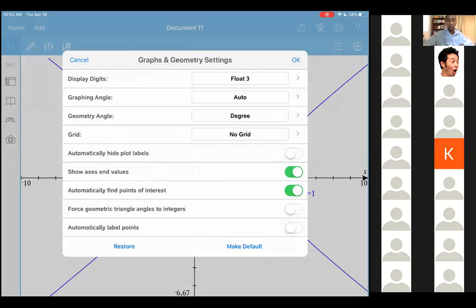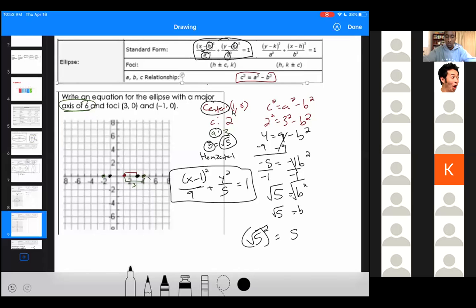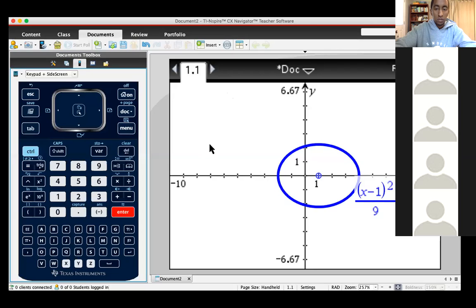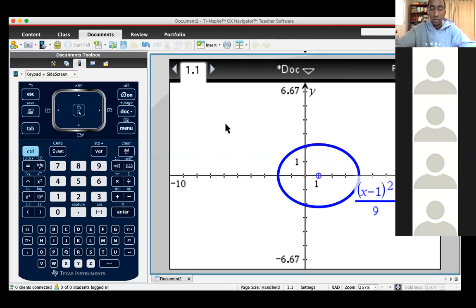You know what? Hold on. So there probably is a way to do it on the iPad. I was working on the iPad Inspire. Probably is a way to do it, but I'm not sure. I need to mess with it.